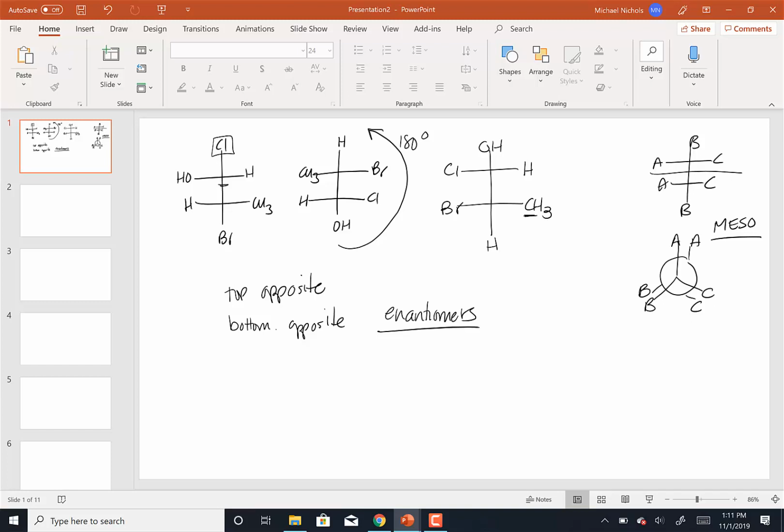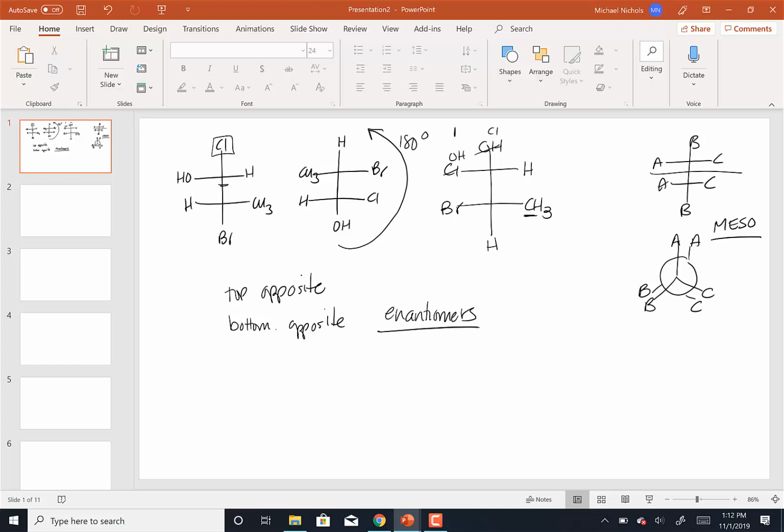What am I going to have to do? I'm going to have to switch the Cl and the OH, right? If I switch the Cl and the OH one time, the molecules are lined up. One time means they have opposite configurations. So you can switch without rotation. Just count the number of switches it takes to turn one into the other.